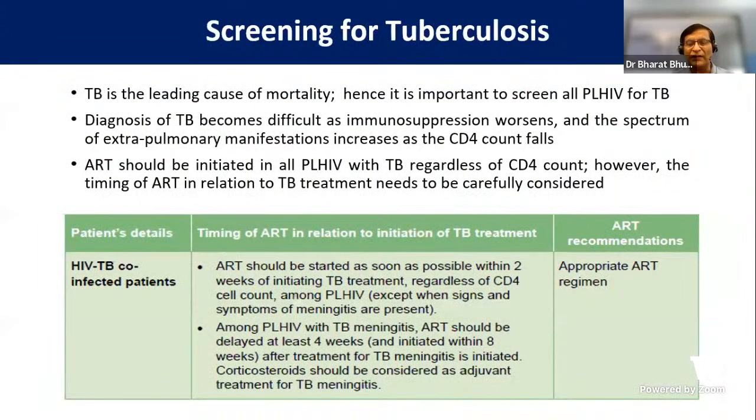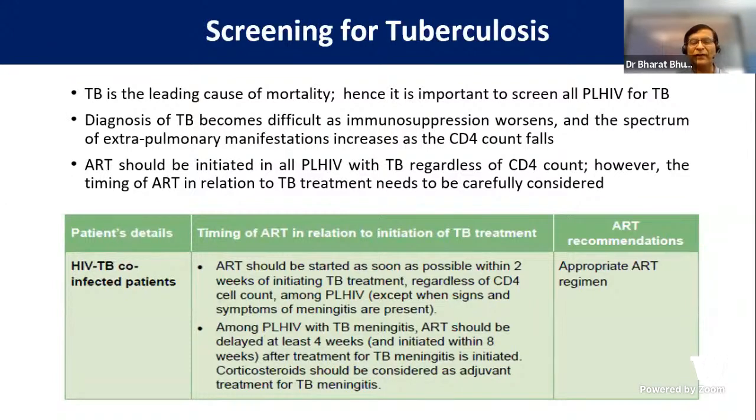Now coming to screening, we discussed that we need to screen particularly for tuberculosis and also for cryptococcal meningitis, or cryptococcal antigen. TB, we know, is the leading cause of mortality, so it is very important that all PLHIV are screened for tuberculosis, and ART should be initiated in all PLHIV with TB regardless of CD4 count.